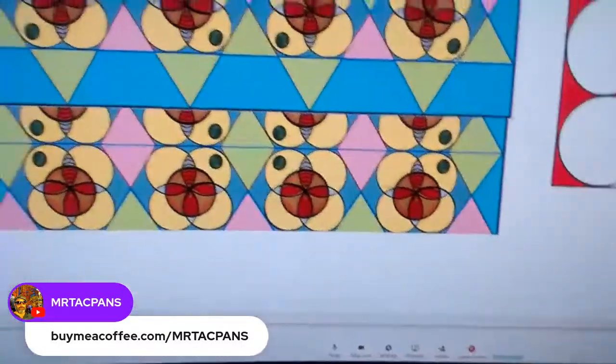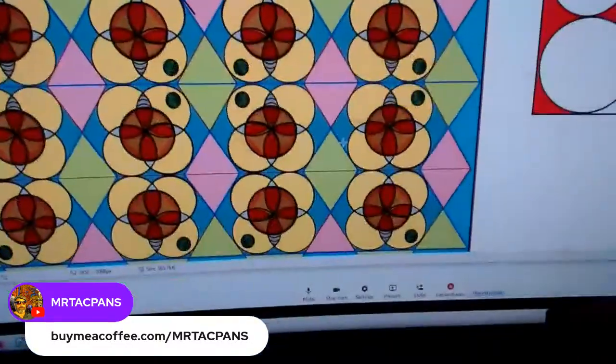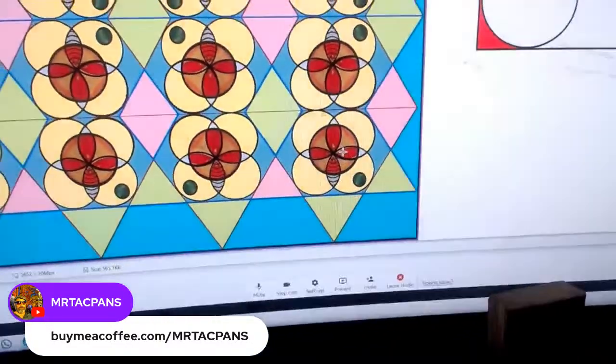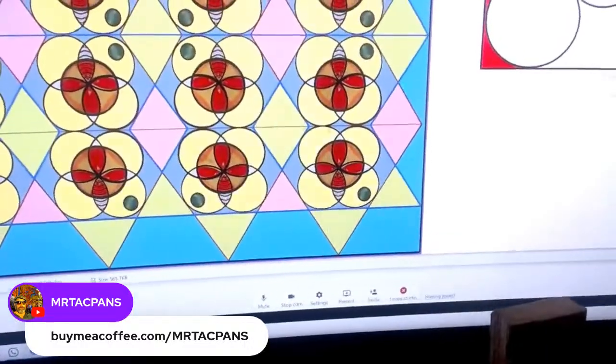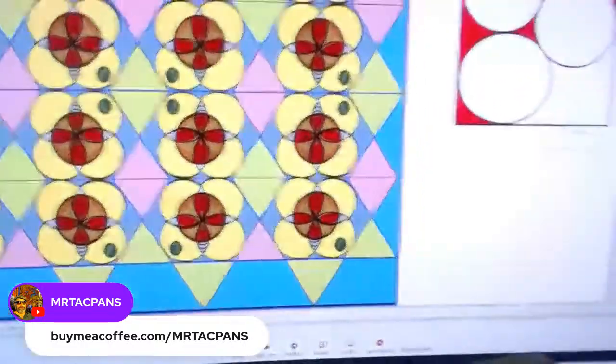So they were like bookends, right? The other thing about this, I'm just trying to see where it was. Oh yes, you see this line over here, right? I'm going to show you something. When you see that line, you can also, hold on a second, I'm not getting good light.